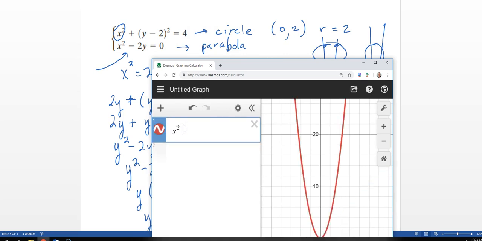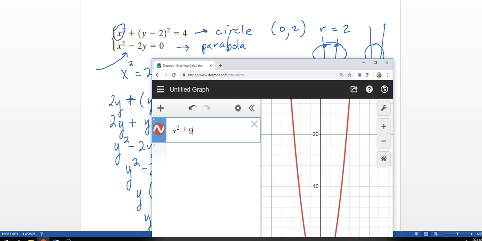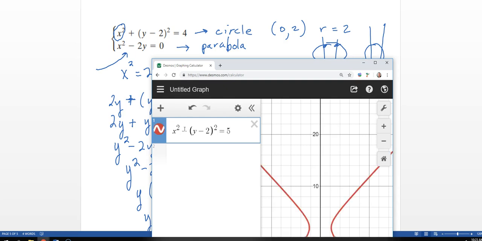So x squared plus y minus 2 squared equals 4. And wait a minute, I messed up totally on that. Oh, I know why. I put a minus. It should be a plus there. There we go.